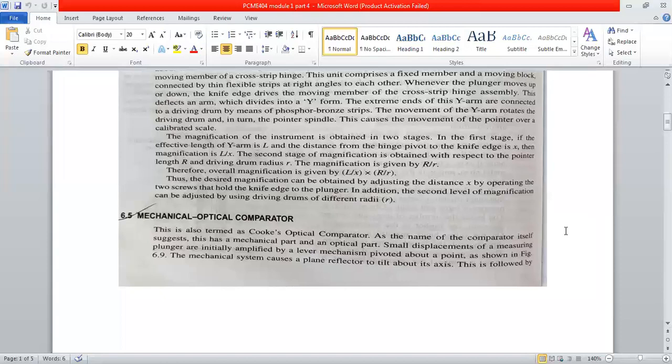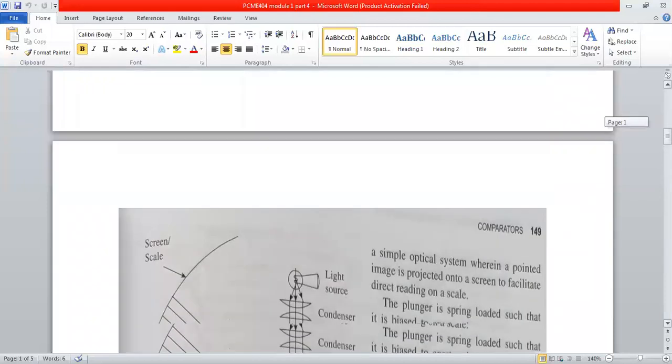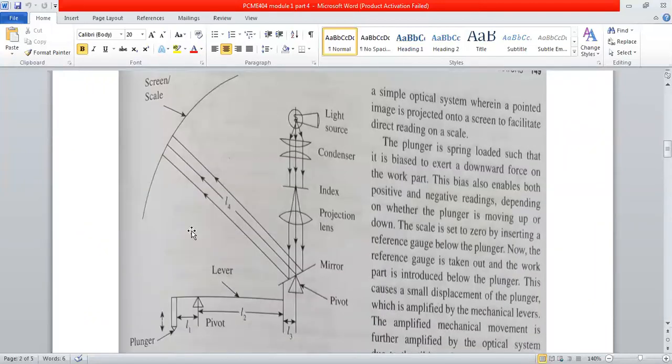We introduce different projection lenses for the measurement. Here is the schematic diagram of the mechanical optical comparator. Here is the light source. Here are different types of lenses.